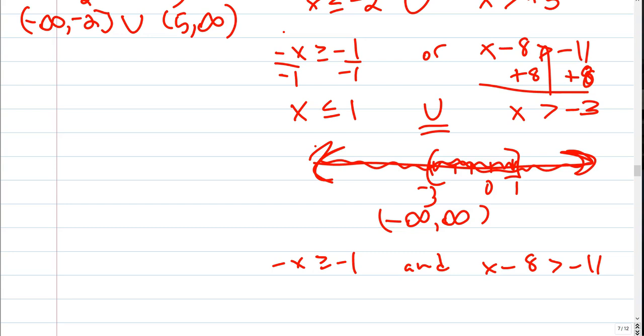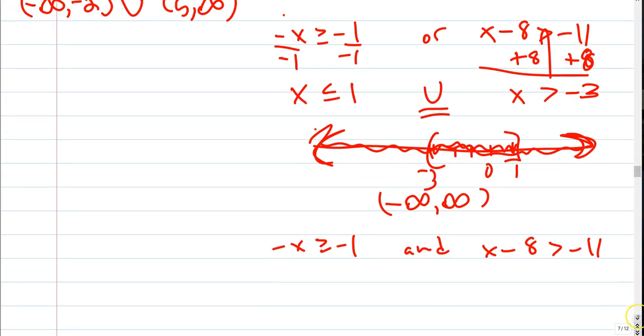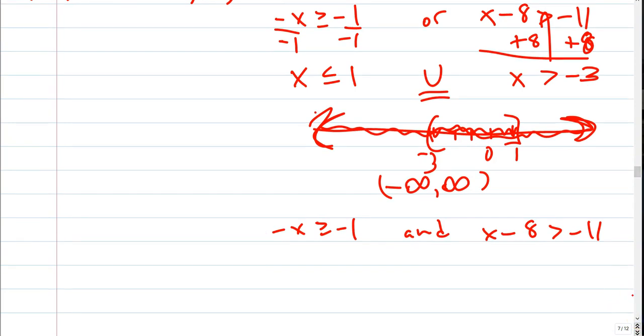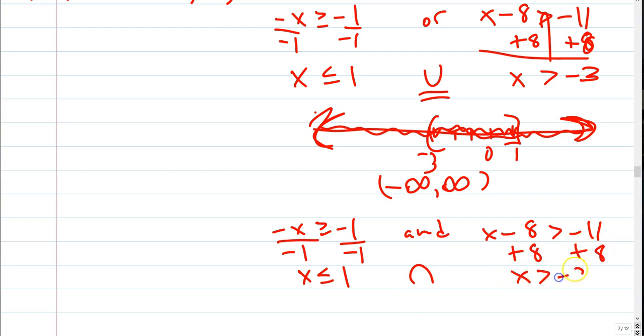My initial notes, ors tend to go outward, ands tend to be just the overlap in the middle. They don't always have to be. Okay? So case in point, last example. Same exact question, but I've now made it an and. So what does that do? X is less than or equal to +1, and x is greater than -3.